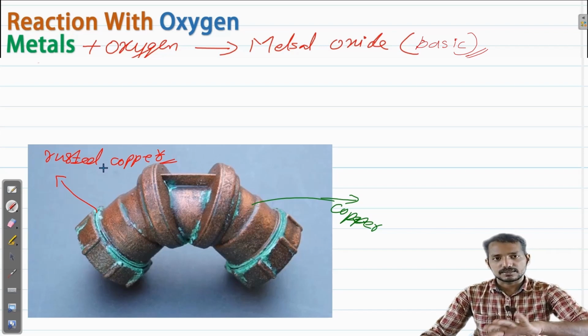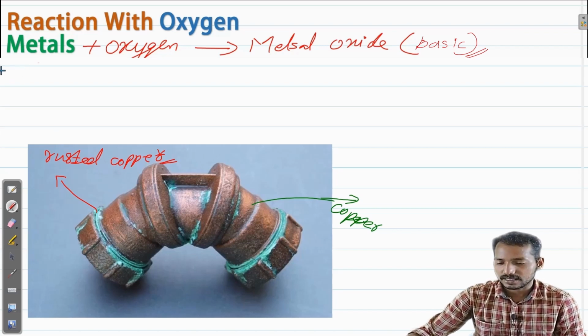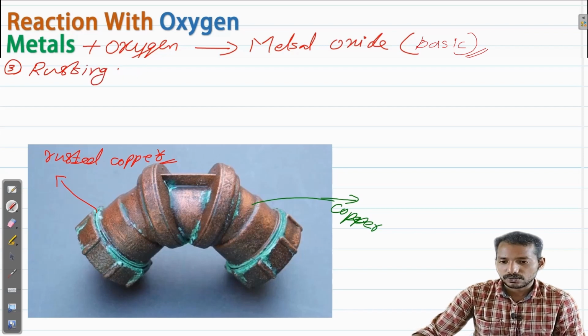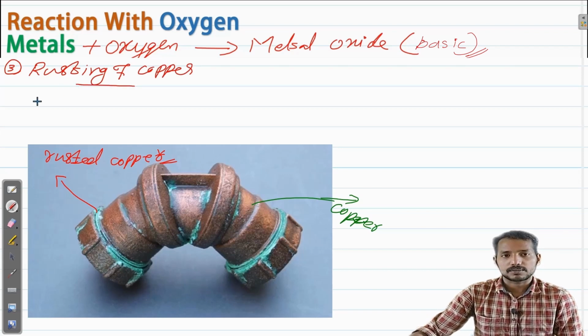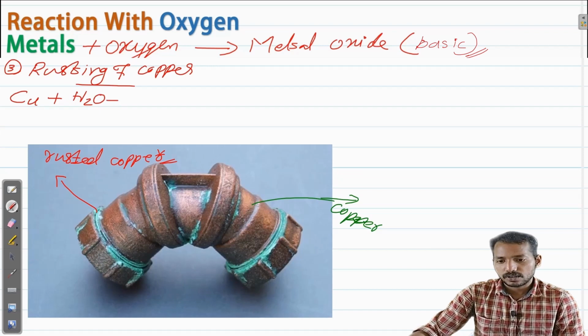It's not a simple reaction like in the case of magnesium and iron. So third, we are taking the rusting of copper. Rusting of copper takes place with copper, Cu, this is the symbol for copper, plus moisture. Moisture consists of H2O, mainly H2O plus CO2 plus O2 oxygen. So we will call it moist air.